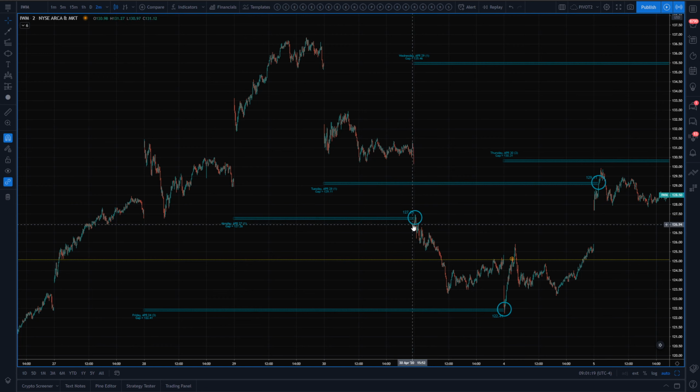When I say backfilled, I mean that there was a gap down from the previous close up here to the new open down here from April 30th to May 1st, went up slightly, backfilled this gap that went all the way back to this location, and then continued to descend down. Finally, at the next open, another gap down from this close, dropped here, hit this gap that we talked about, and increased.